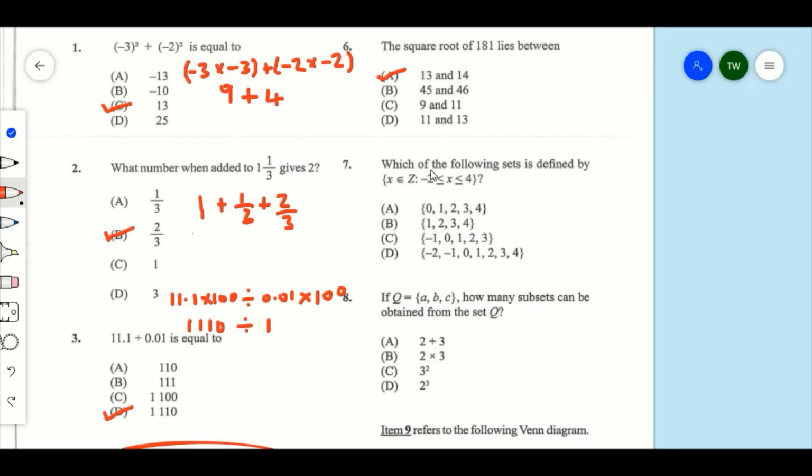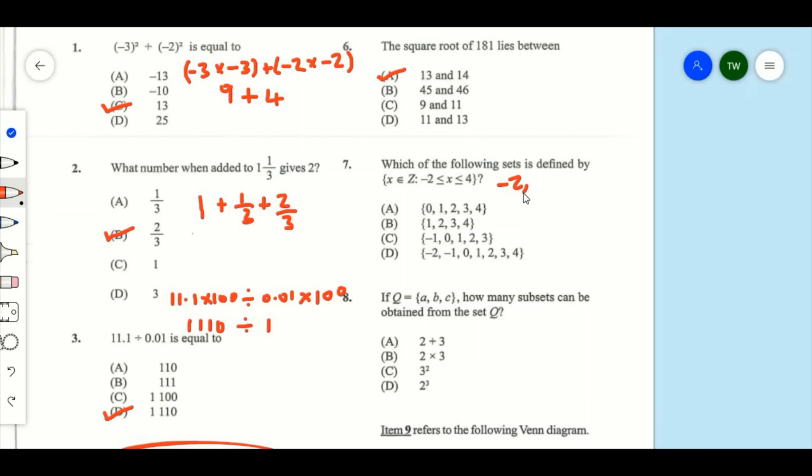Number 7. Which of the following sets is defined by X is an element of Z such that X is greater than or equal to -2, and X is less than or equal to 4. Now, if X is greater than or equal to -2, it means that -2 is going to be a part of the answer.